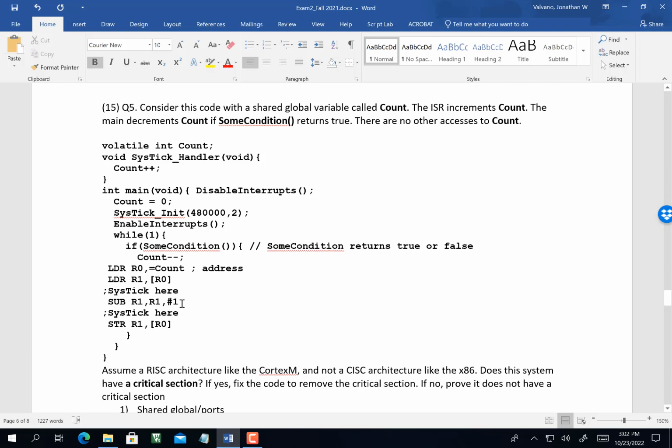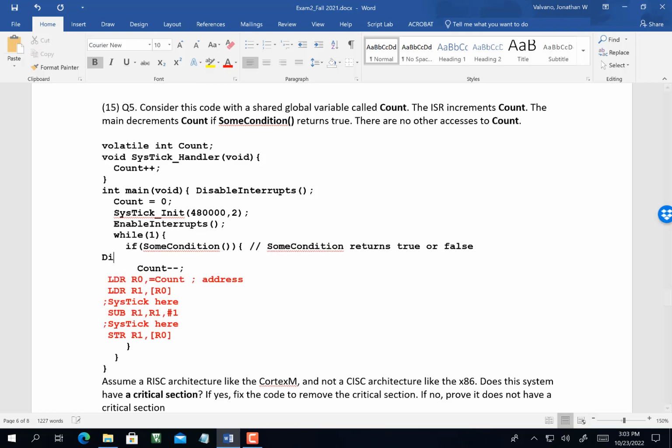If both occur, it should have incremented once and decremented once. But in this context, the consequence of the increment will be lost, and it will just decrement. So this is a critical section, and the way to solve it is to disable interrupts.